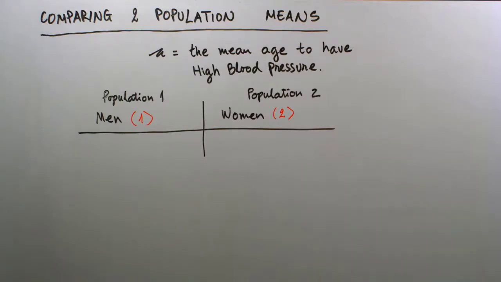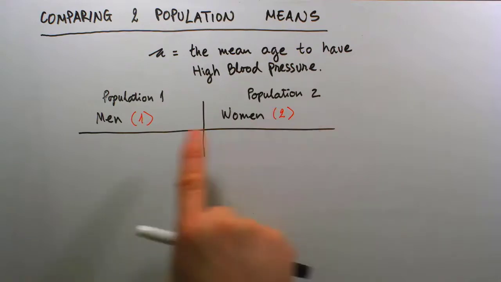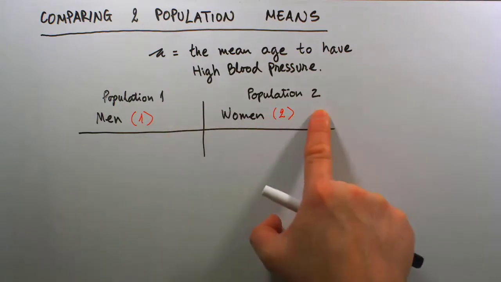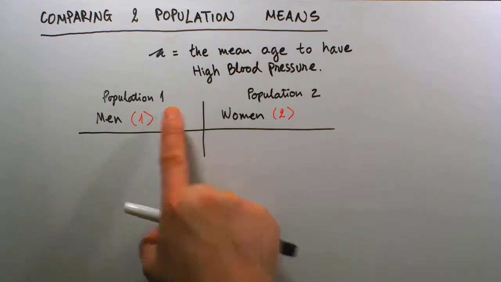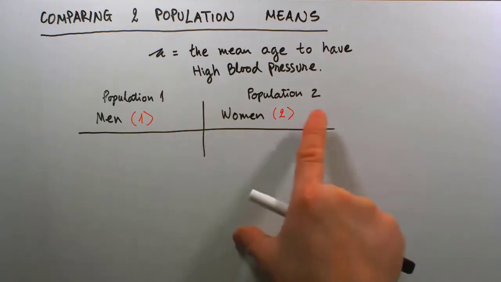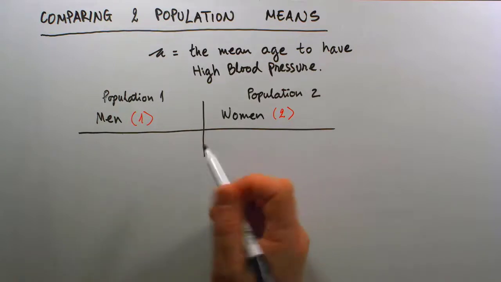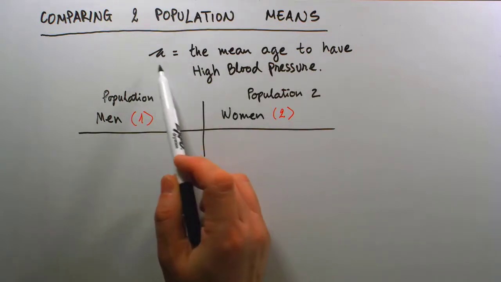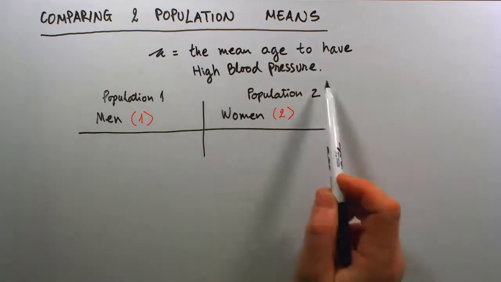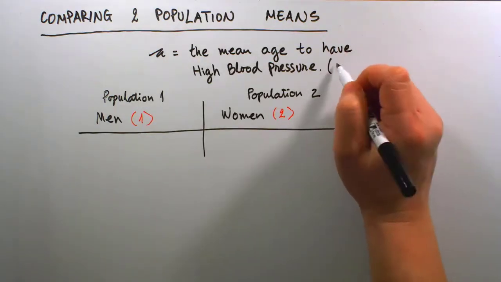But now a further intention of mine is that once anyone has made their choice for giving a numerical label to each of these populations, then we have to stay in that order, in that particular choice. What it means as a further impact is that this mean age to have high blood pressure, and by the way, allow me to start using shorthand for high blood pressure, how about HBP.